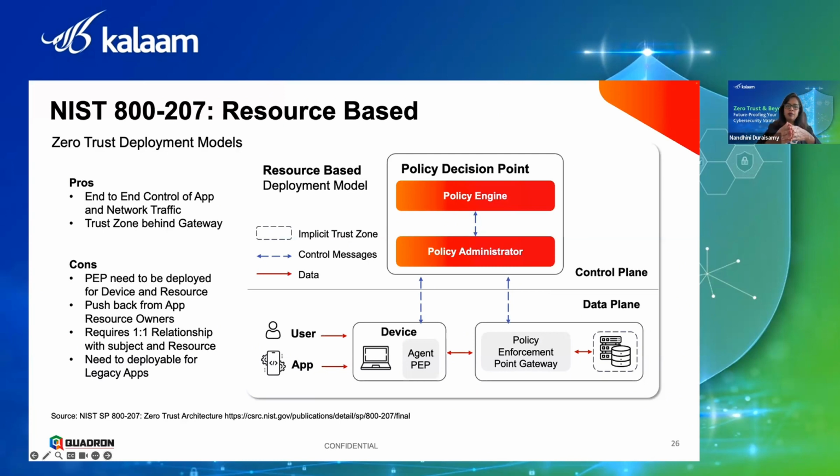But the difficulty is, wherever the PDP, the policy decision point, is, if that environment, that firewall, that infrastructure is hacked, then the hacker can change the policies and you wouldn't know unless you found out that it was breached. Also, deploying the concept in a legacy application is pretty difficult, and usually the management and the business users do not agree to accept change in an organization. So those are certain cons of this kind of model.